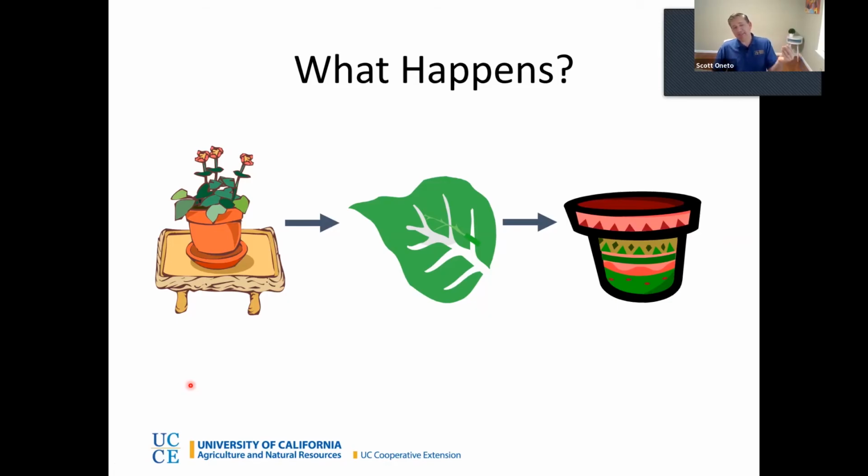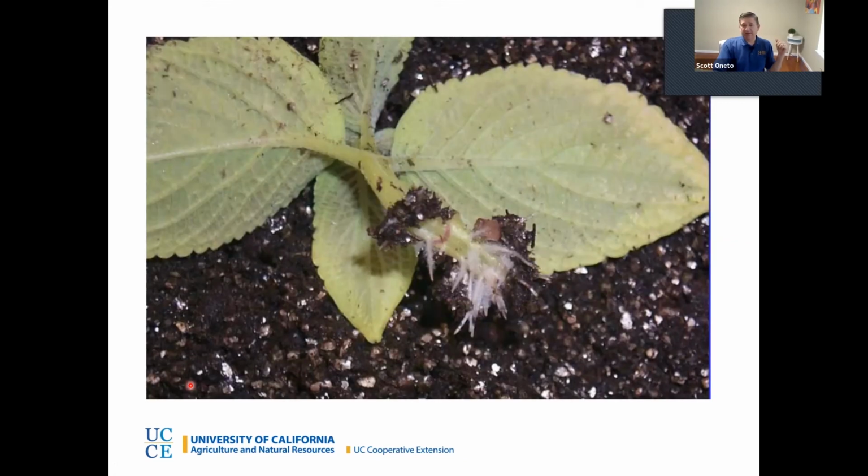And so we take a piece of that plant and we take it off and we put it into a pot, and we come back several months later, and then we have this occur, where this plant is starting to reform roots from this stem tissue. And so this idea of being able to regenerate lost organs is a process called adventitious growth.